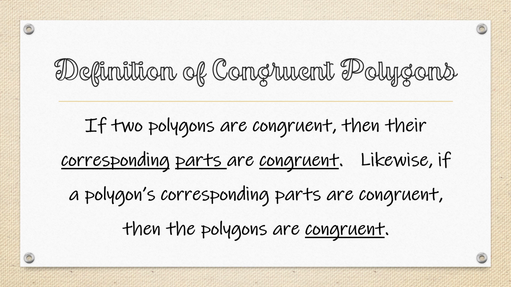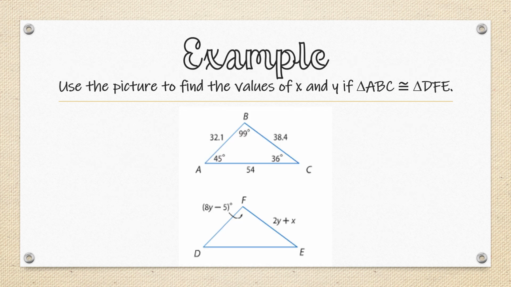So the definition of congruent polygons, I kind of already said in the last slide, just to re-emphasize: if two polygons are congruent, then their corresponding parts are congruent. Likewise, if the corresponding parts are congruent, then the polygons are congruent. In this example, we are asked to find the values of x and y, and we're told that triangle ABC is congruent to triangle DFE.